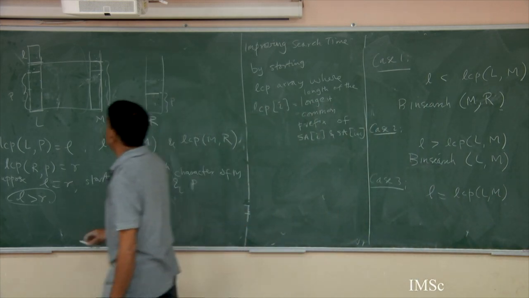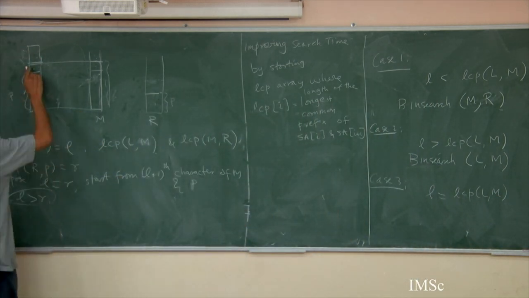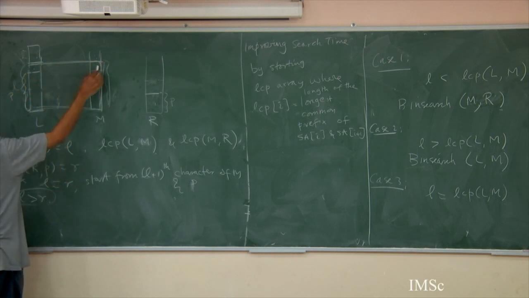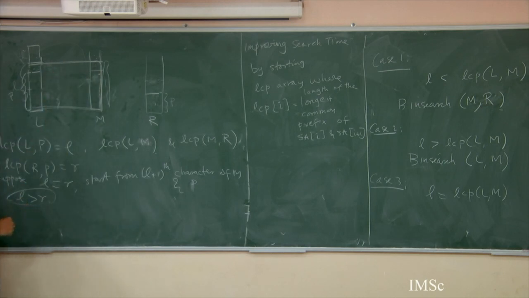Then there is the third case, where I have to figure out and move. That means that my pattern matched up to this point, and it is exactly the point up to which these guys are the same. So, now I do not know whether I have to look here or there. So, I will start comparing here.